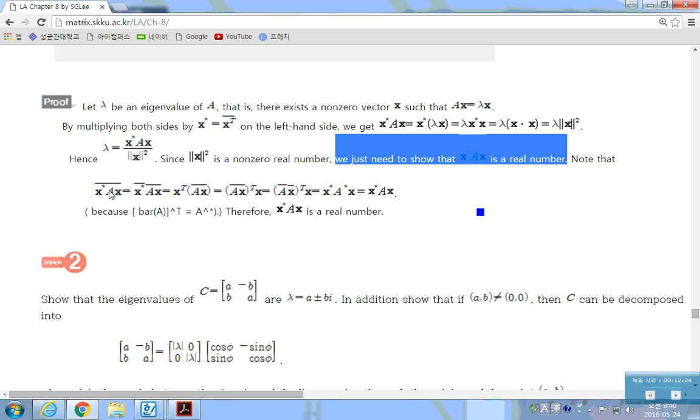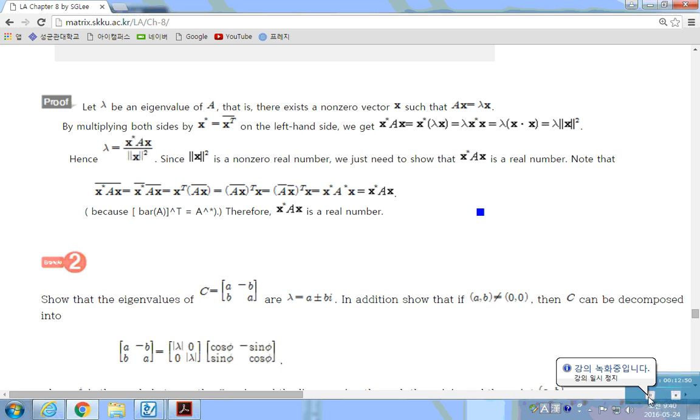So the conjugate of X star AX can be written in this way. This is the conjugate transpose, but X is what? Here X conjugate transpose and conjugate make X just transpose, and the conjugate of AX stays here.